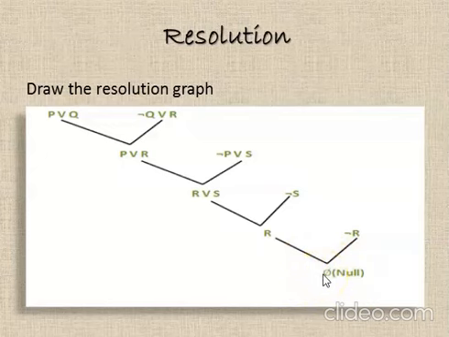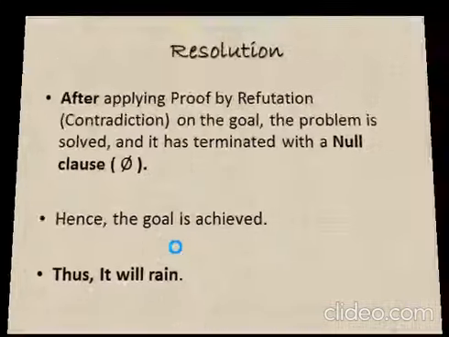When we reach an empty clause, we can conclude that our assumption was wrong, and our assumption was it will not rain, so we can conclude that it will rain is absolutely correct. This is the method of resolution.